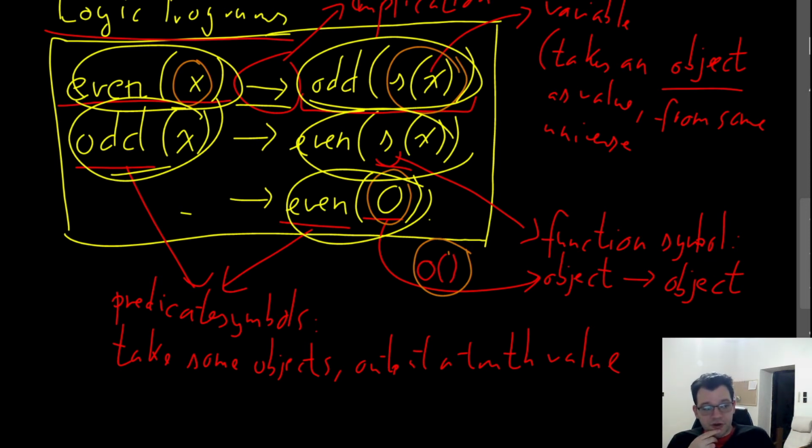And the third one says that 1, because in this structure the 0 sign denotes the real number 1, is an integer, and this is also true. So this is also a model of the program.